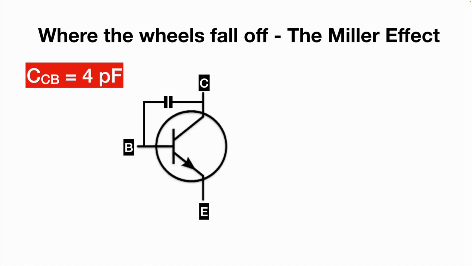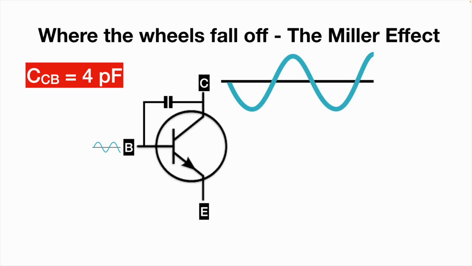Now my amplifier, as I said, is a common emitter amplifier, which means we put a tiny signal, and let's say this is a voltage, a sine wave here on the base, and then what we get, of course, is a much larger signal on the collector, but a much larger inverted signal. So just check this out.